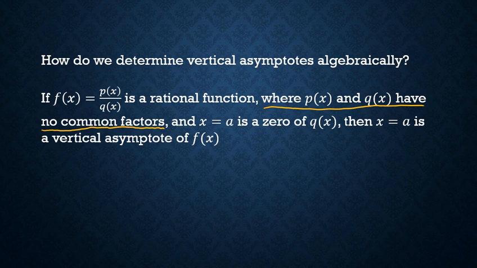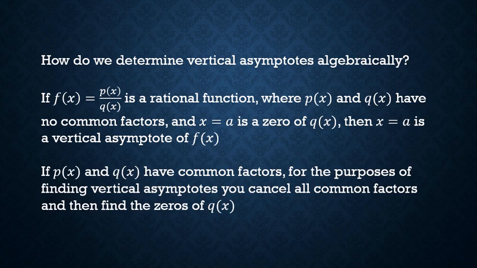So if P and Q have no common factors, and an x value, call it A, makes Q of x equal to 0, then x equals A is a vertical asymptote of your rational function f of x. So again, you have your rational function. There are no common factors between the top and the bottom. If an x value makes the bottom equal to 0, then those x values are your vertical asymptotes.